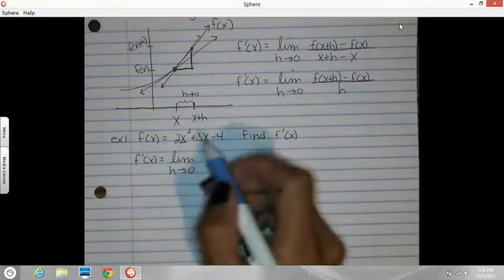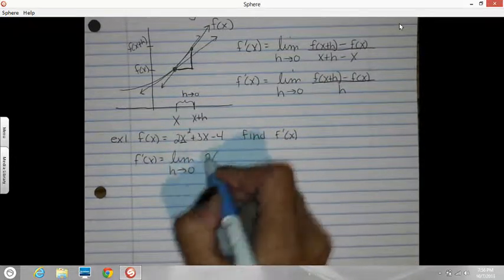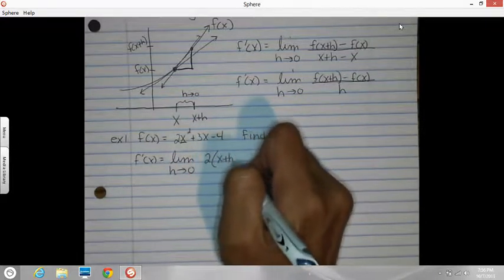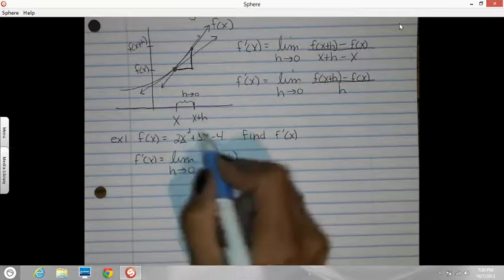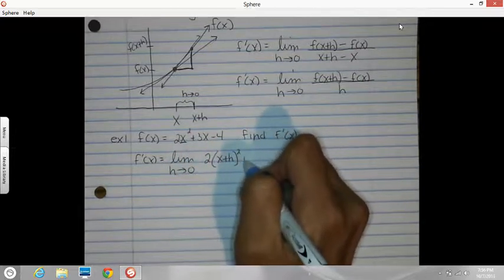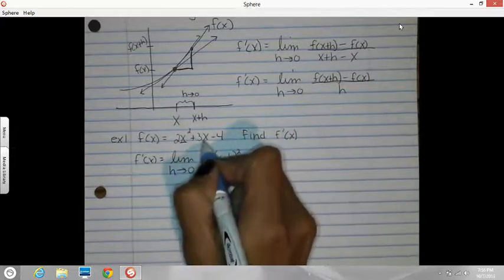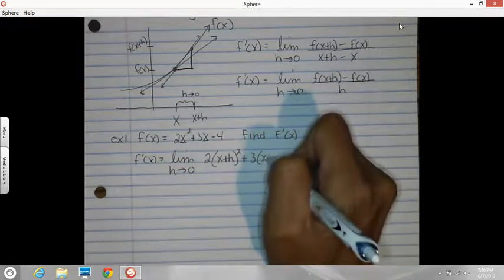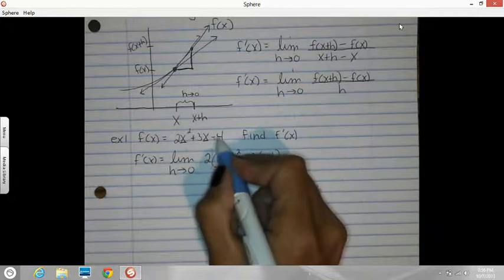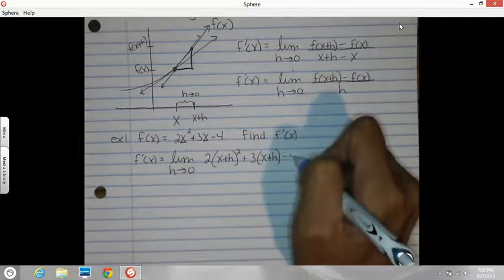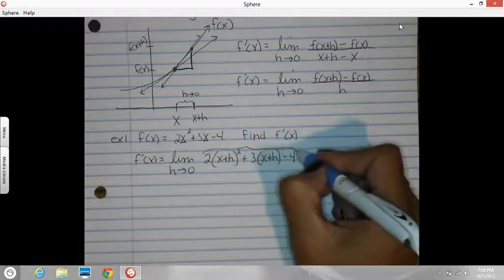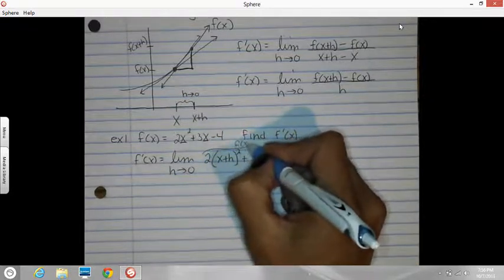So 2, in place of x, I'm putting x plus h. Then I square that. Plus 3, in place of x, I'm putting in x plus h. Minus 4. So all of that is my f of x plus h.